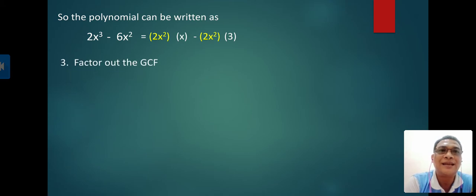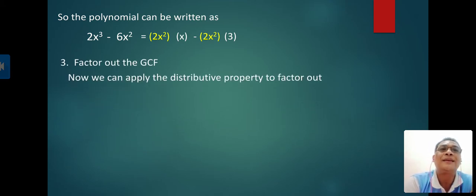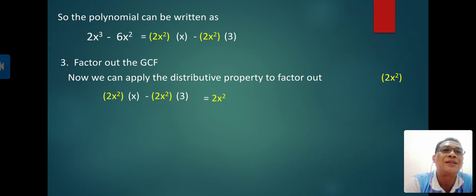Our last step is to factor out the GCF. Now we can apply the distributive property to factor out 2x squared. So 2x squared multiplied by x minus 2x squared multiplied by 3 is equal to 2x squared times the quantity x minus 3.